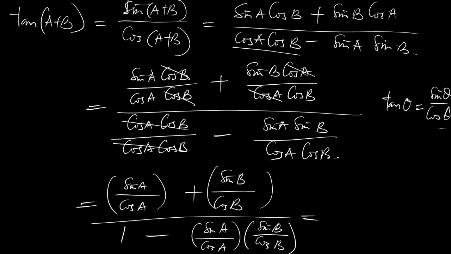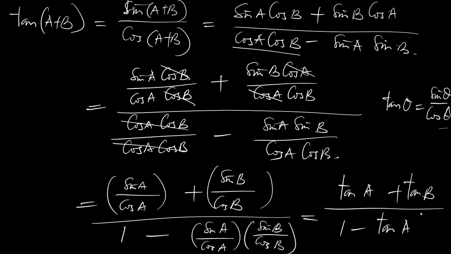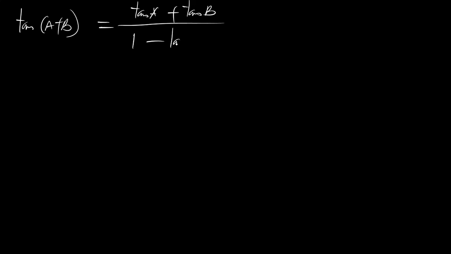So that means this is the same thing as tan A plus tan B divided by 1 minus tan A tan B. Since we have gotten this, that means tan(A plus B) is equal to tan A plus tan B divided by 1 minus tan A tan B.